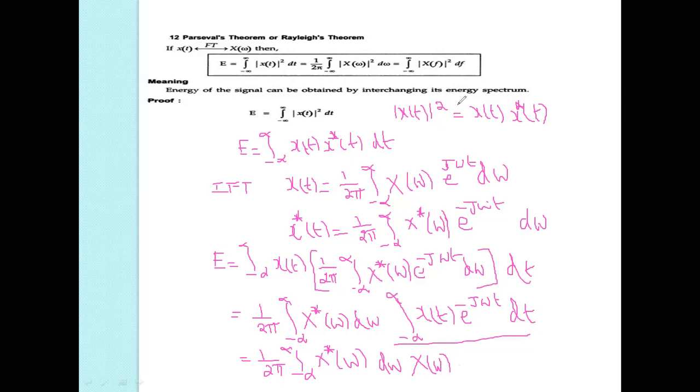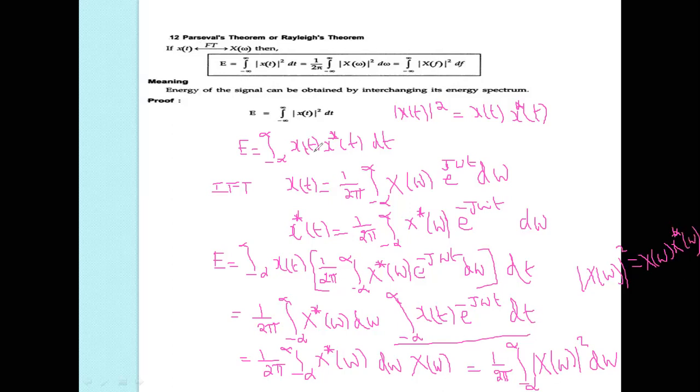As the squared magnitude of x of t is x of t, x star of t, and now it is also 1 by 2 pi integral minus infinite to infinite the squared magnitude of x of omega d omega, since the squared magnitude of x of omega is equal to x of omega into x star of omega.